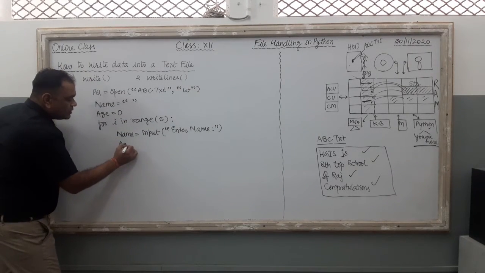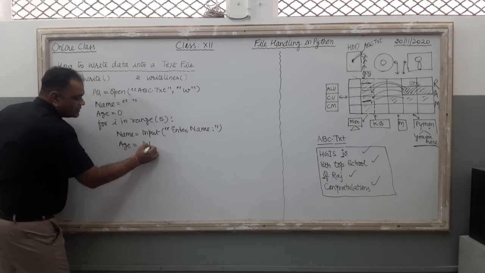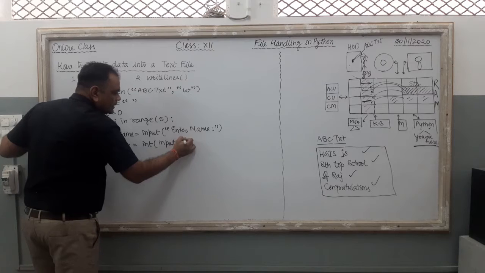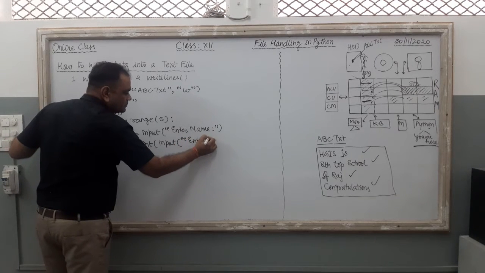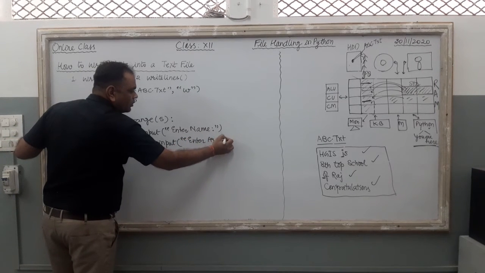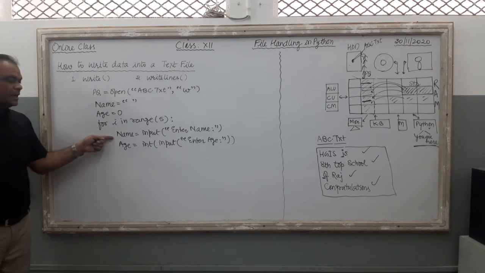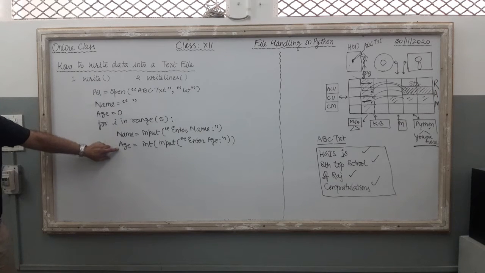Then here age equal to integer, then input, then enter age. It is there in the for loop. Just see, for loop. These are the commands. Just see the indentation. Both the lines are there with the for loop, right? Name is taken, age is taken.